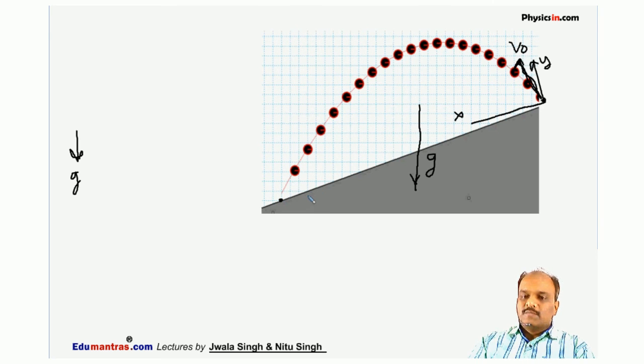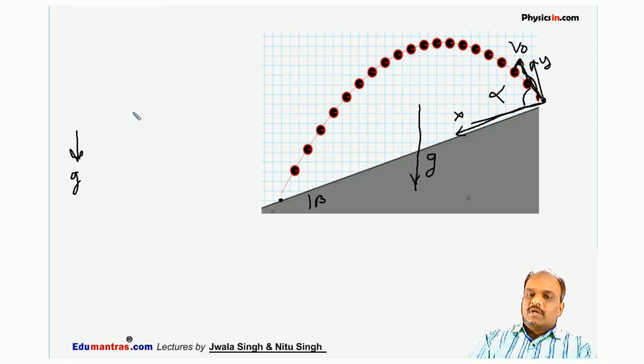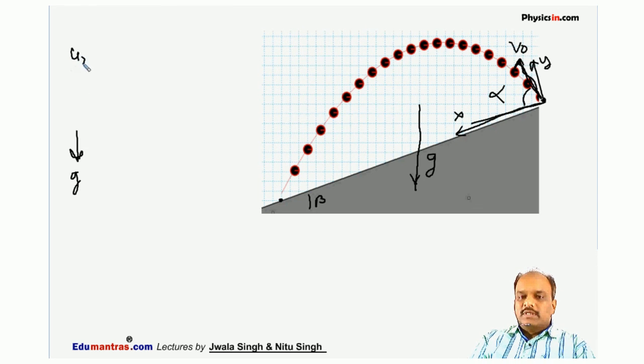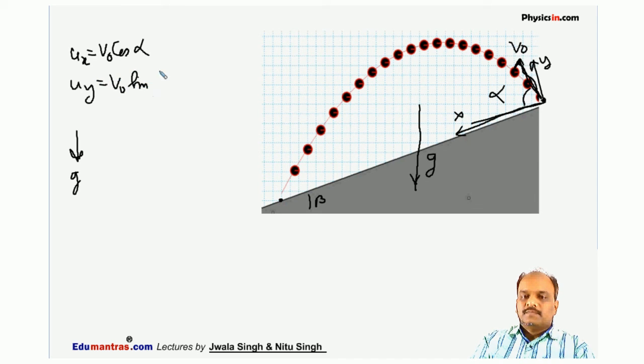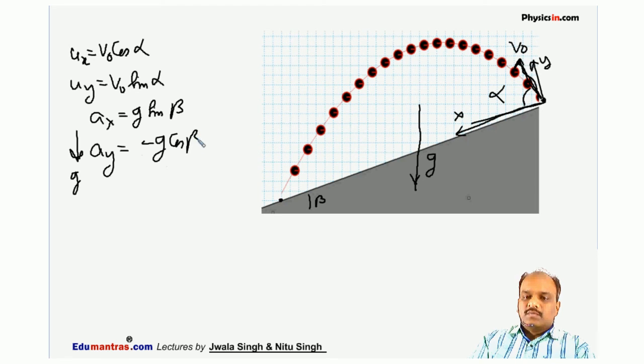If this is beta, and alpha is the angle of projection from this inclined plane, then ux is v0 cos alpha, uy is v0 sin alpha, ax is g sin beta, and ay is minus g cos beta, because ax is in this direction, whereas ay is opposite to the y-axis.